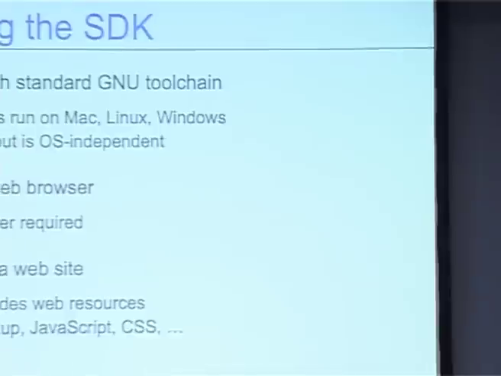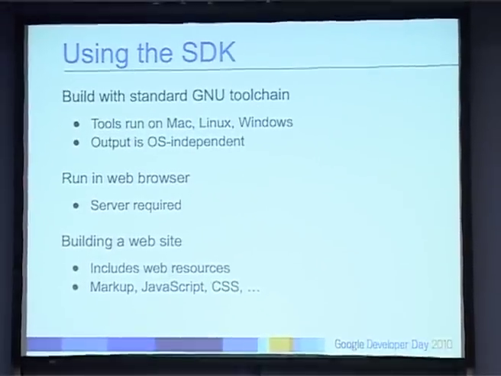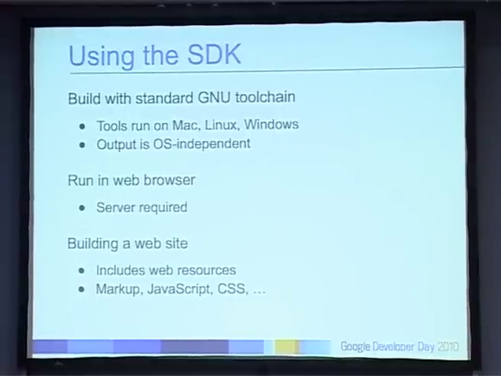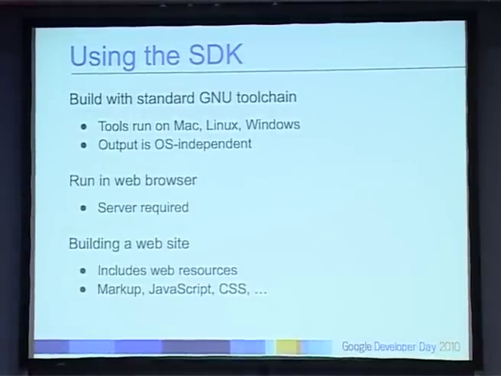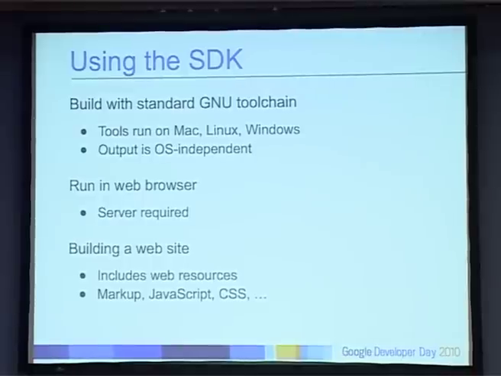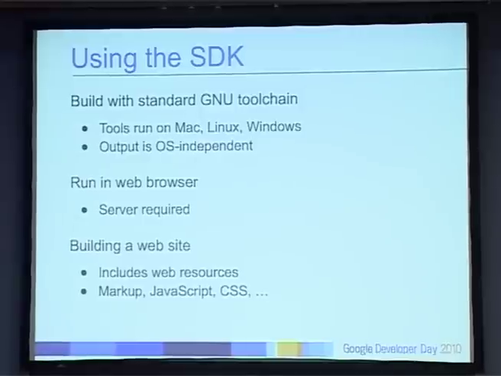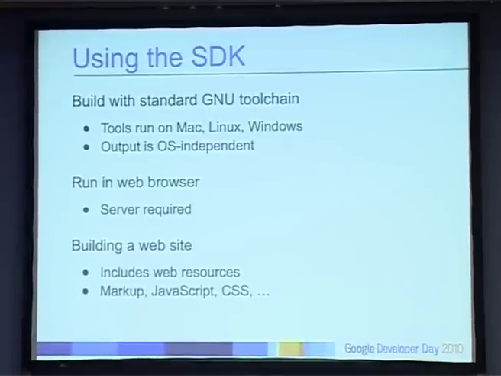The result of the SDK is, when you build a NACL module, and again we'll show all this in the demos, you build a web resource. So in order to test it, of course, you have to run a little web server. And this is where it starts to get different from building client applications. If you're used to building a client application, typically you build some executable .exe, or on a Mac a .app bundle, and then you just run it.